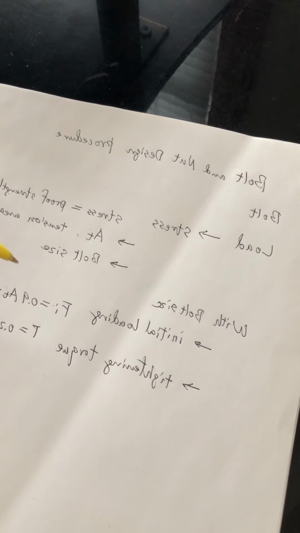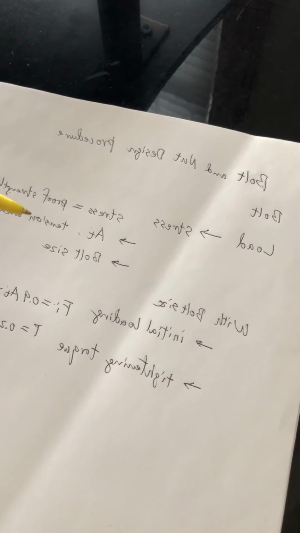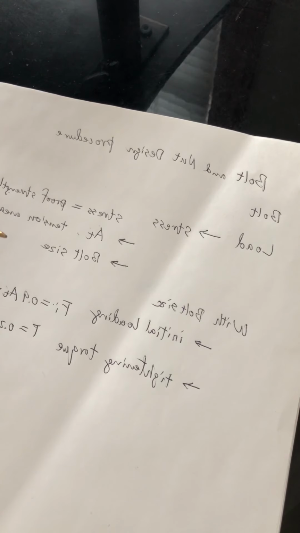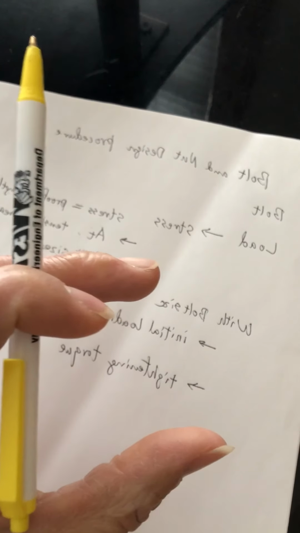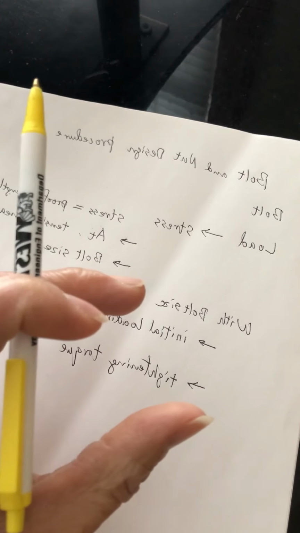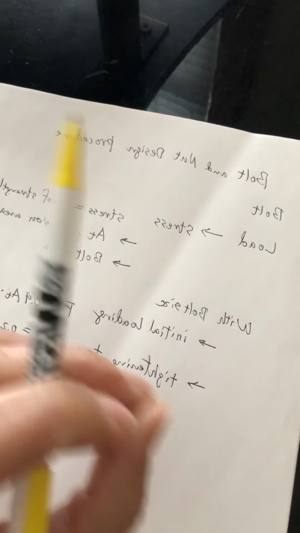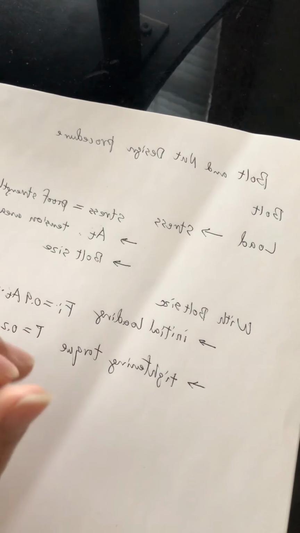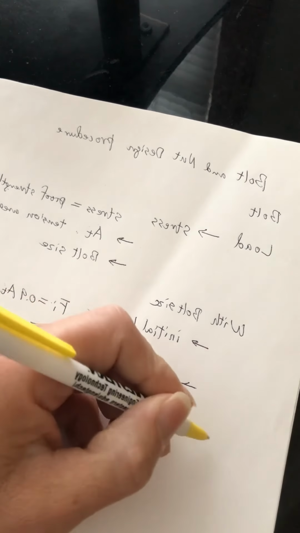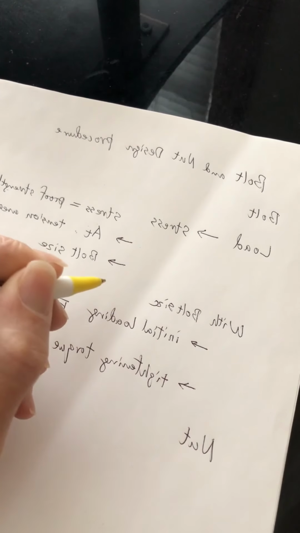So sometimes the threads in the nut are going to get stripped, and we need to find out how thick a nut we need to use to prevent the threads from being stripped. So that's the next question we need to answer. So we need to design the nut.